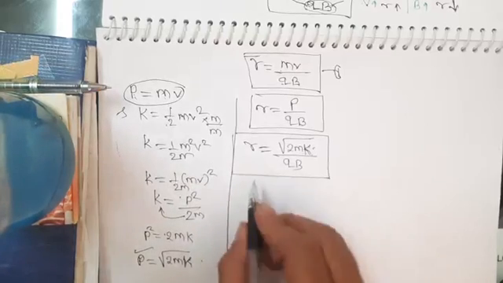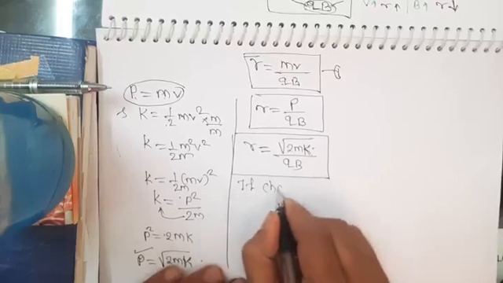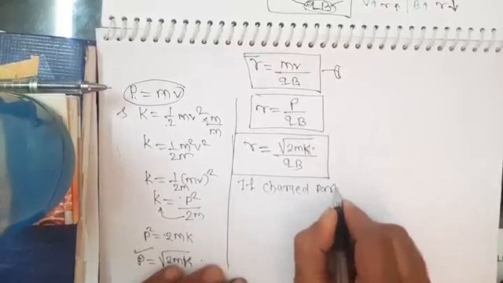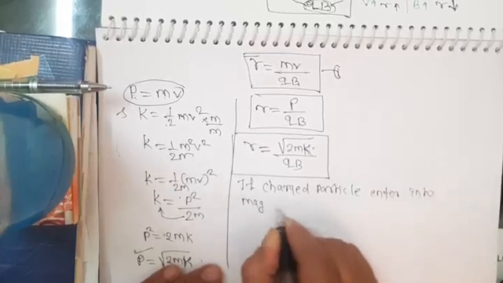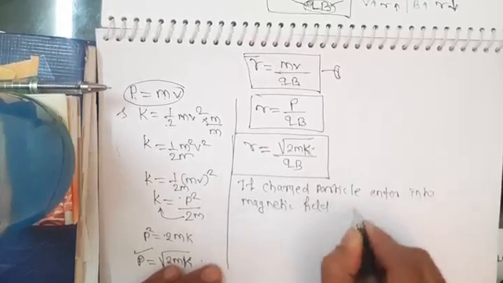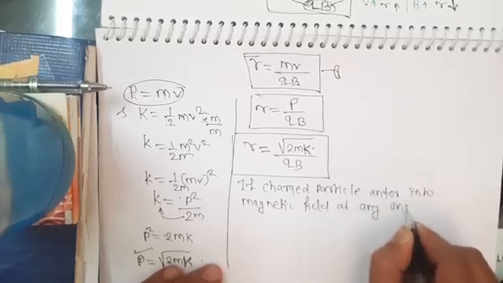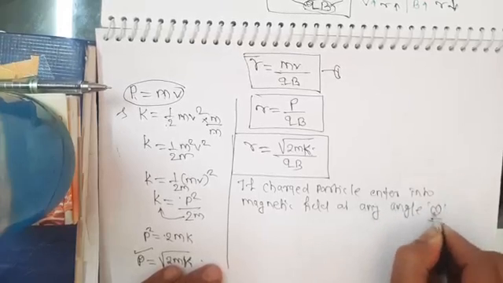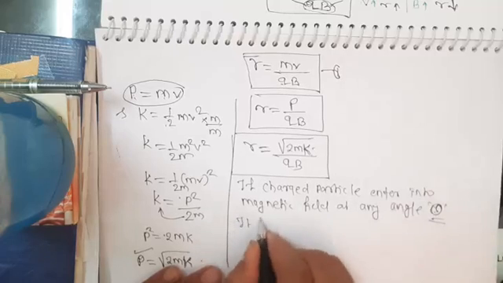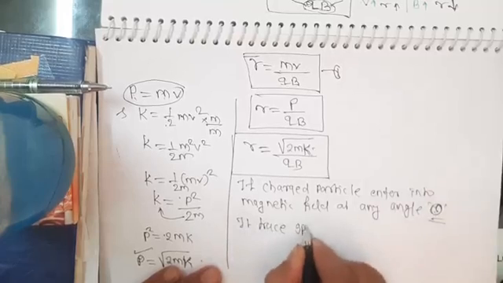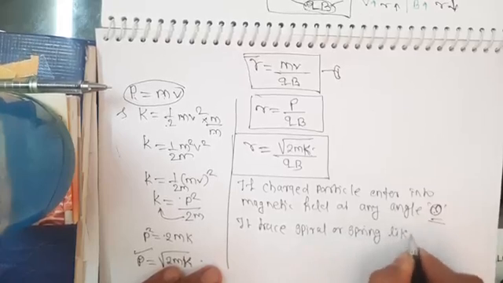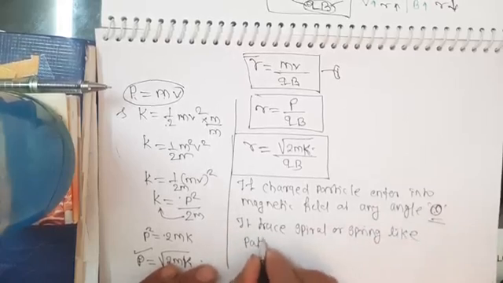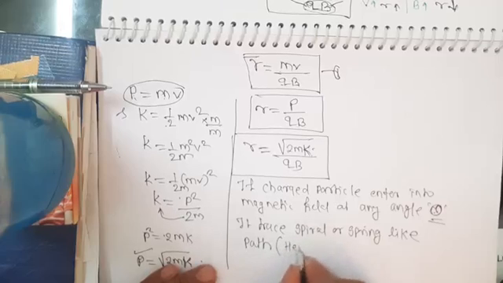And then the last one is, if a charged particle enters into a magnetic field at any angle theta, which should not be 90 degree and should not be 0 degree, between 0 degree and 90 degree, then it traces a spiral or spring like path, which can also be called a helical motion.